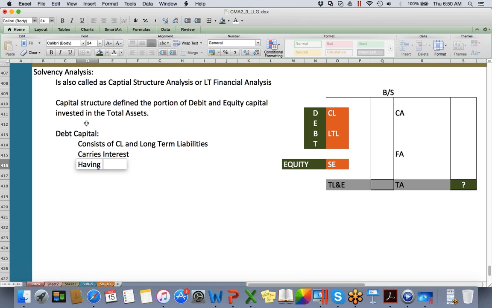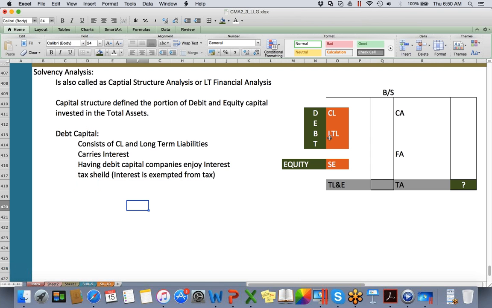Having debt capital, companies enjoy the interest tax shield. That is, interest is exempted from tax. This is a benefit.